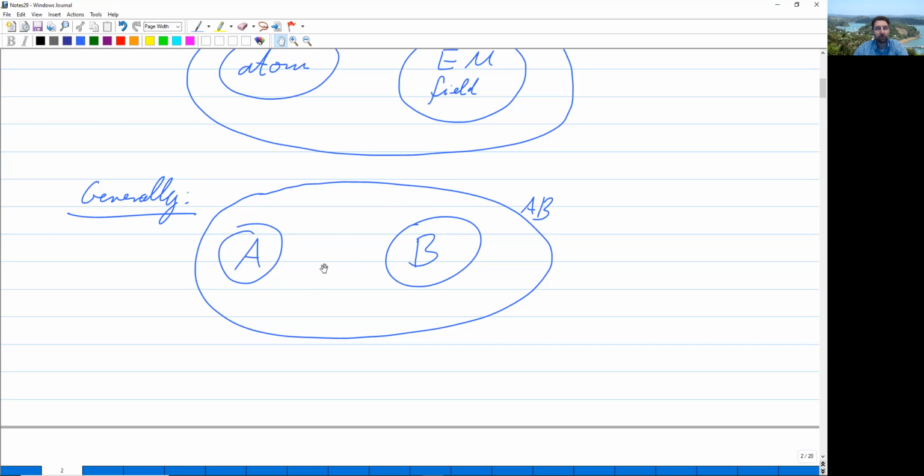So this is non-trivial because the observables in A, for example, are operators that act on the Hilbert space of A. And the observables of B are acting on the Hilbert space of B. None of them acts on the Hilbert space of AB. But clearly, an observable of system A must be an observable also of system AB.